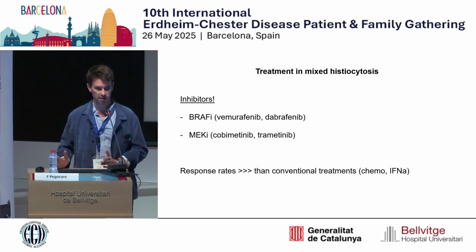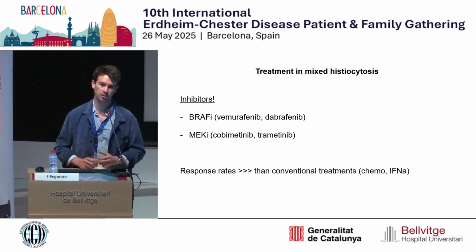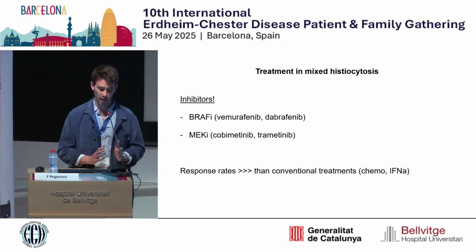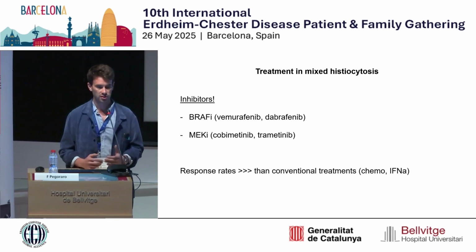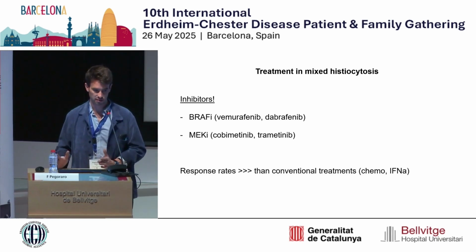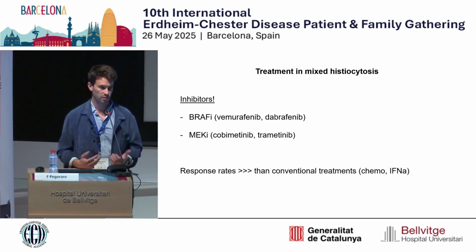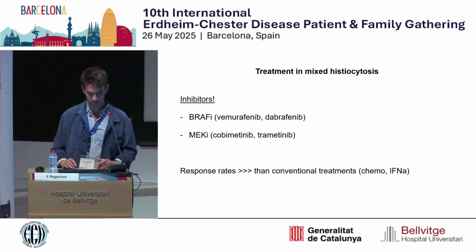But if we think of ECD and of what Dr. Arnaud told you before, what we learned is that conventional ECD treatments, such as interferon alpha, are usually much less effective in mixed forms. So the message here would be, if we have a patient with a mixed phenotype, we always go for inhibitors because the response rates are much higher.